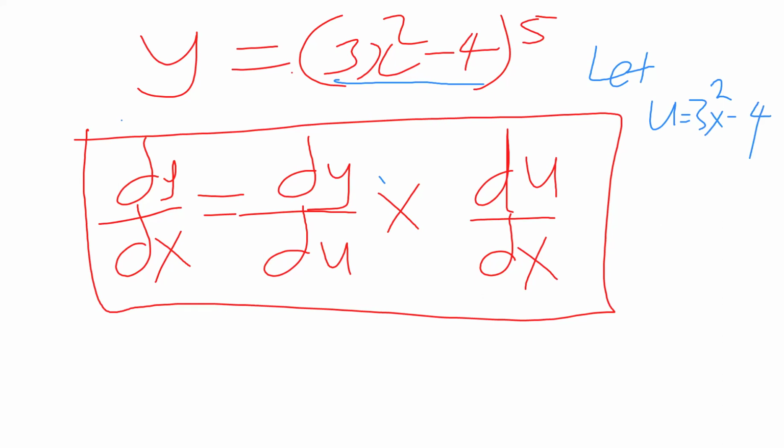You are creating the u function. Then if this becomes u, you have your equation being y is equal to u to the power 5. Isn't it? Where there is this expression, you replace it by putting u because you have said that it is equal to u. Is that clear?